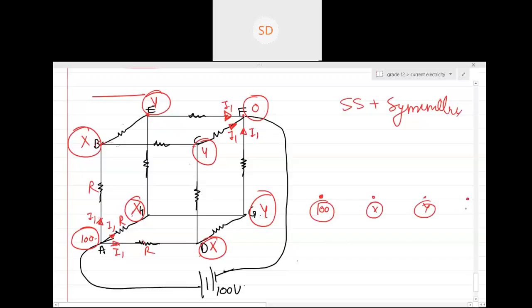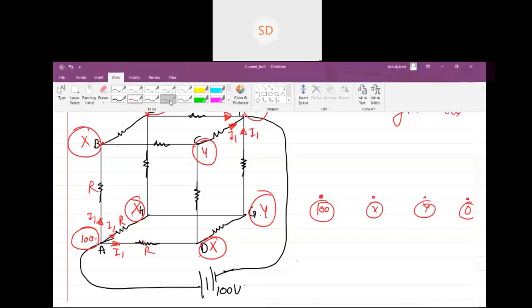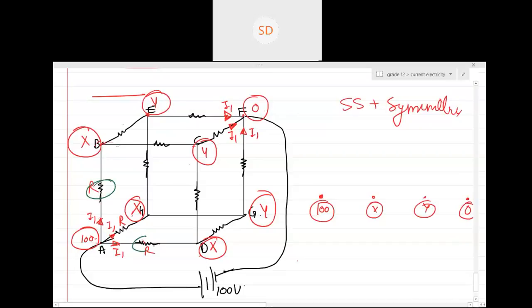Don't need to solve for X and Y as well. How many resistors are there between 100 and X? 3. So can you see 1, 2, and 3? What connection? Parallel. How many resistors are there between Y and 0? 1, 2, 3.